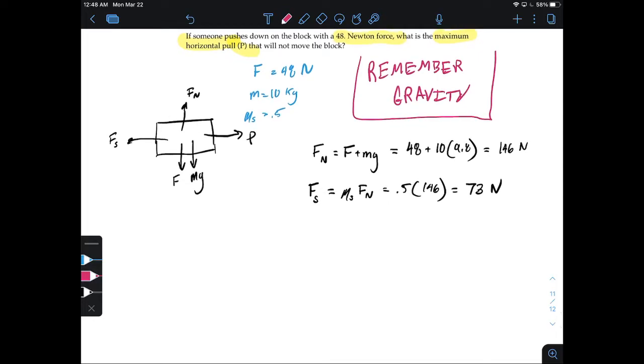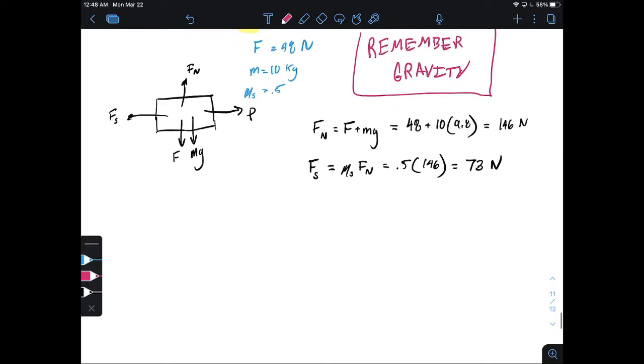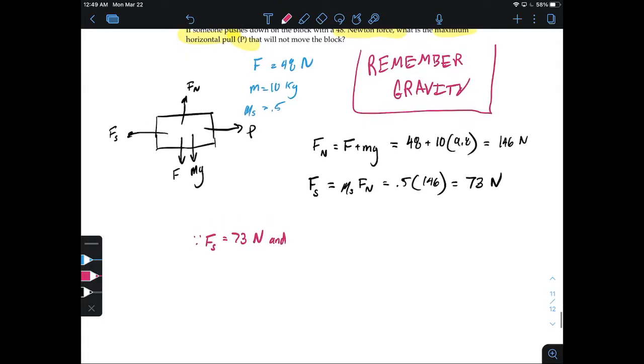What is the maximum horizontal pull that will not move the block? So we can say, since our force of static friction is equal to 73 newtons, in order for the block to not move, and then more fanciness, that means F sub x is equal to 0, the net force on the x-axis.